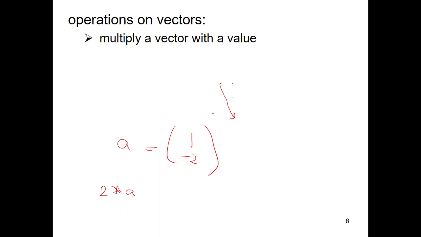And then it just means that the size of the vector will become 2 times the original one. So this total thing here is 2A. If we would have a negative multiplication, so for instance minus 1, then we would start at this position and then go exactly in the opposite direction. So this one would be minus 1 times A, so minus A.